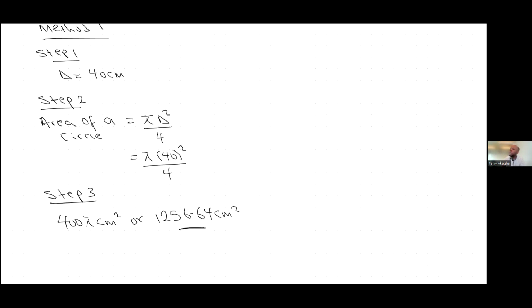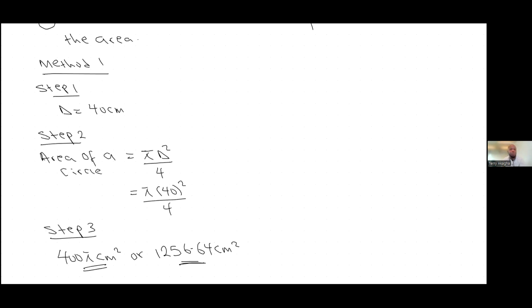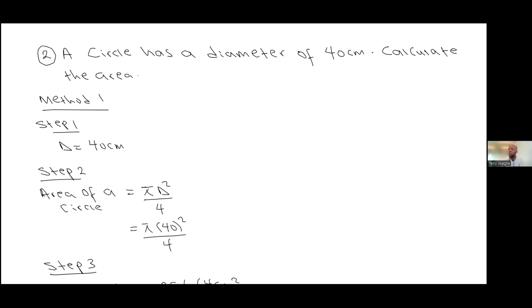Now, this is one method. Some of you might not be conversant with pi d squared over 4, but you want to use pi r squared. So that is method 2 I now want to talk about. In this case, you need to know that the relationship between the diameter of a circle and the radius is that the radius is equal to the diameter divided by 2.